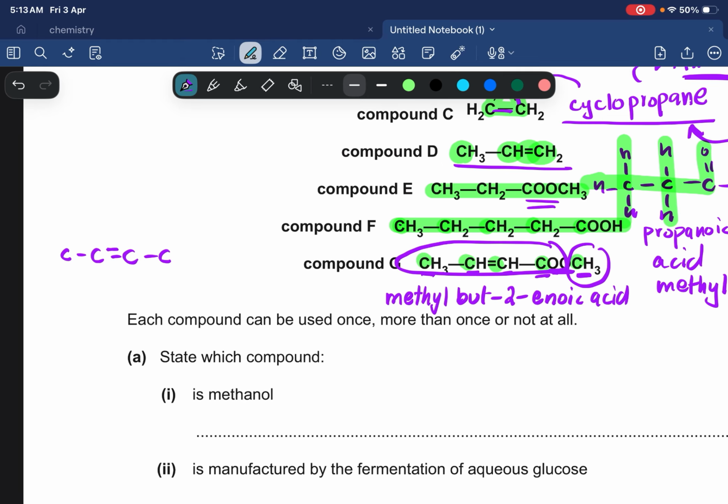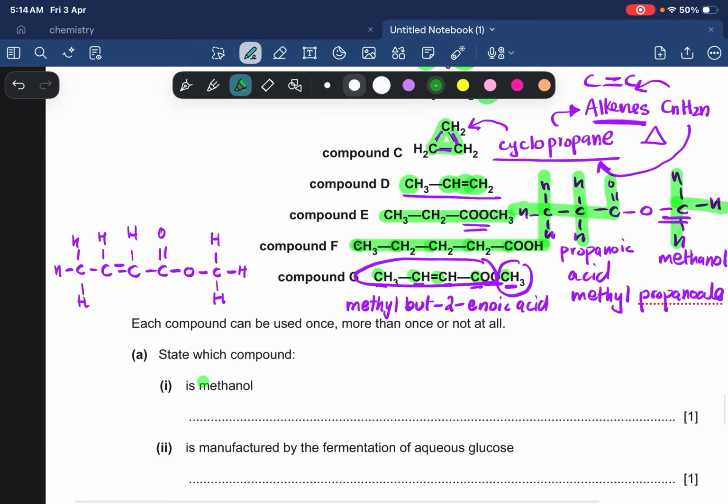On the second carbon, there's a double bond. This is methyl butenoic acid. So understand this.